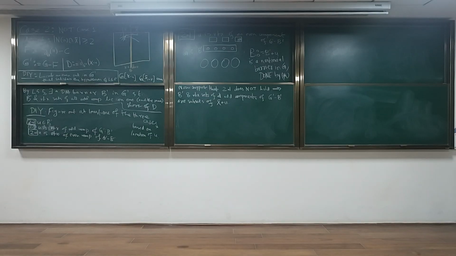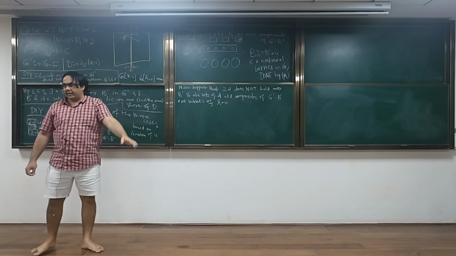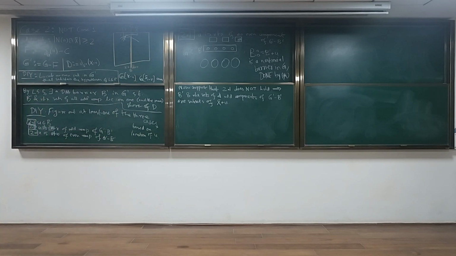Either the vertex U itself belongs to the barrier, in which case the barrier has to be on the right side and then everything has to be on the right side, or vertex U belongs to an odd component, in which case that odd component has to be on the right side, but then everything has to be on the right side. Okay.